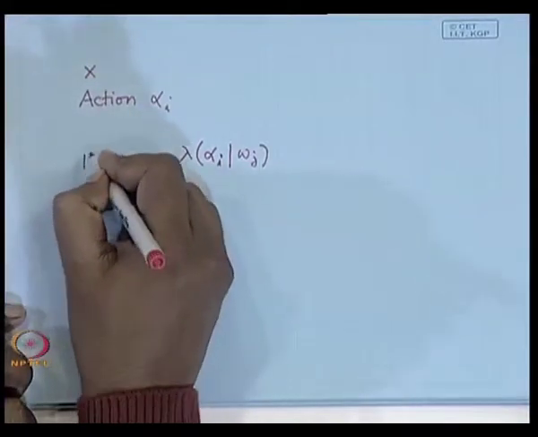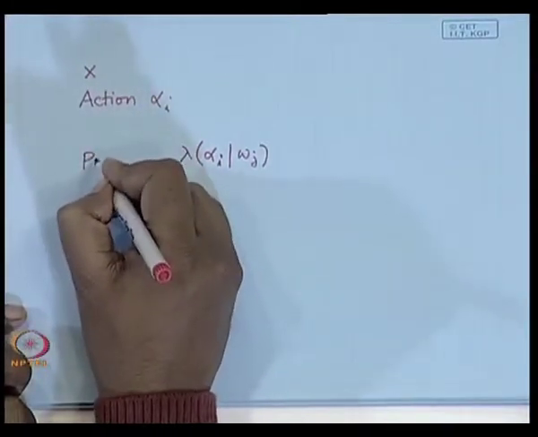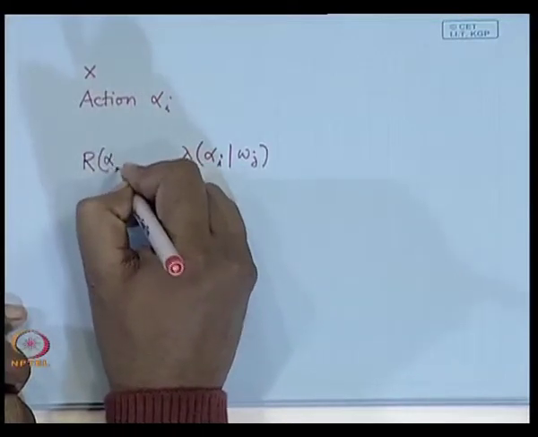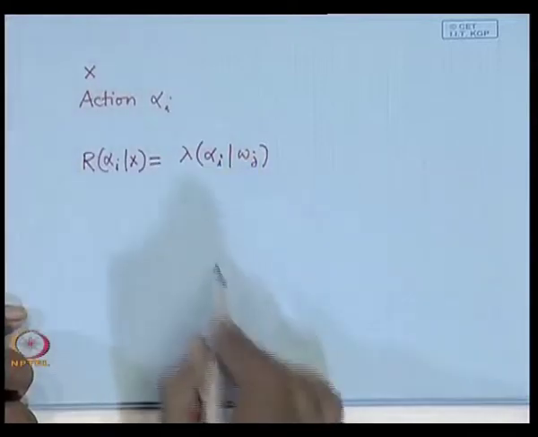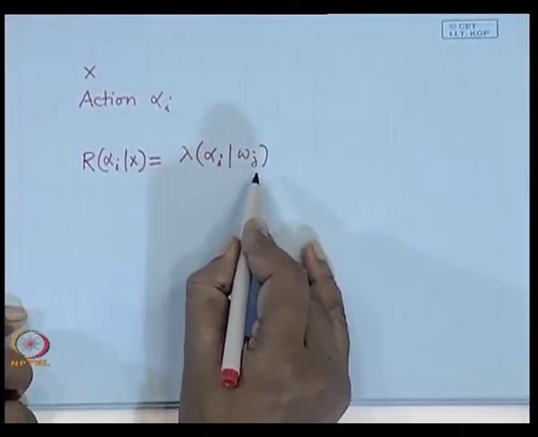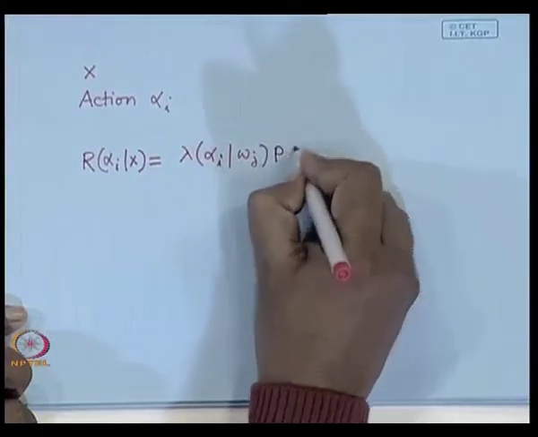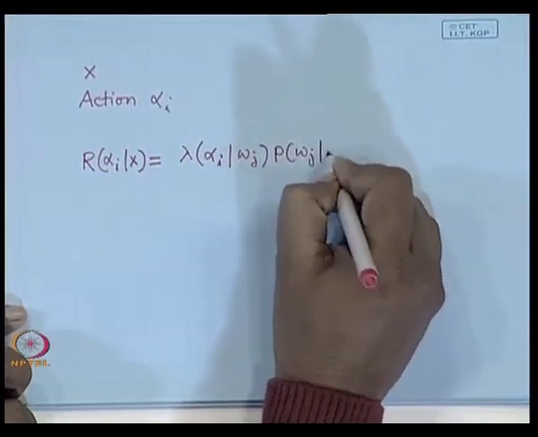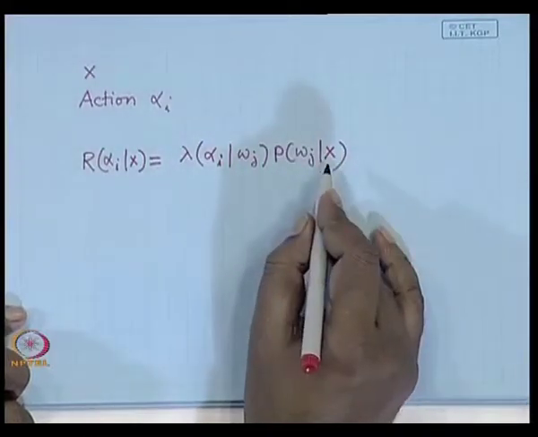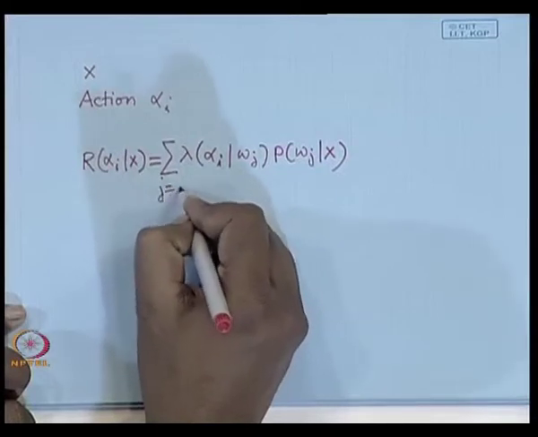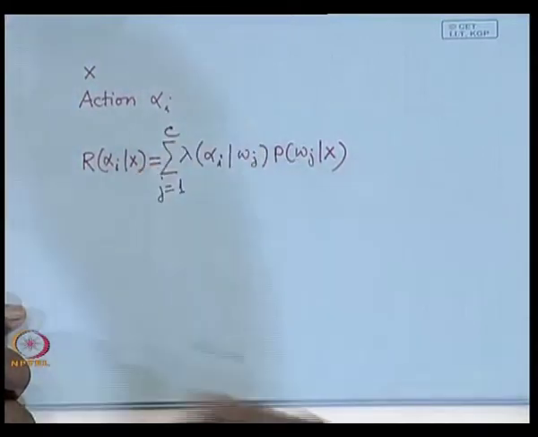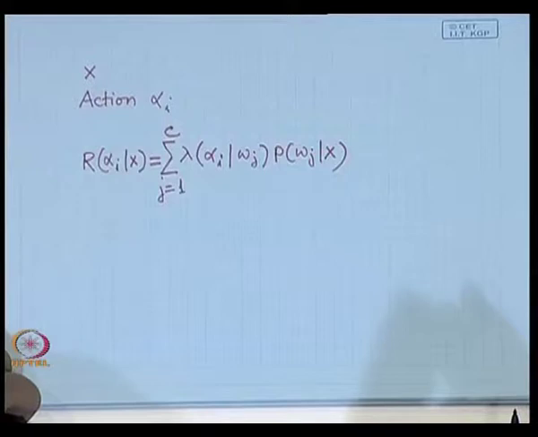This average risk or expected loss is r of alpha i given x, equal to the summation over j equal to 1 to c of lambda of alpha i given omega j into p of omega j given x, where x is my observation vector. I do not know what the true state of nature is.